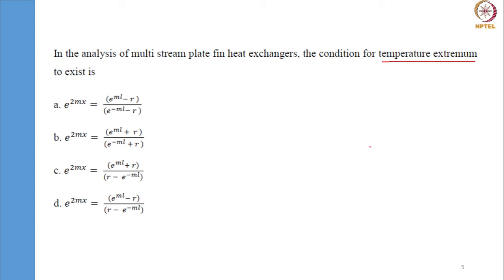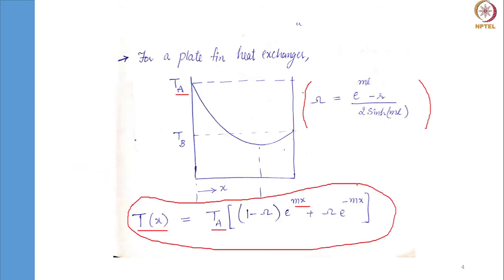Can you take a minute and try it? This is the temperature distribution: T of x, or theta of x, equals theta a into 1 minus sigma into e power mx plus sigma times e power minus mx.